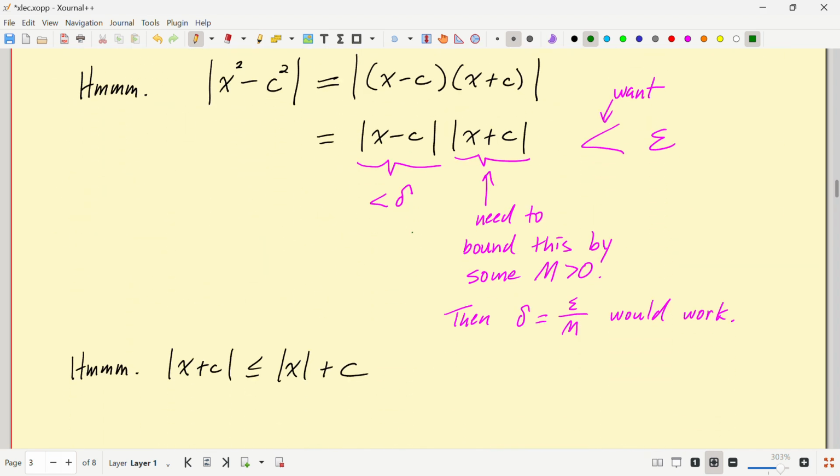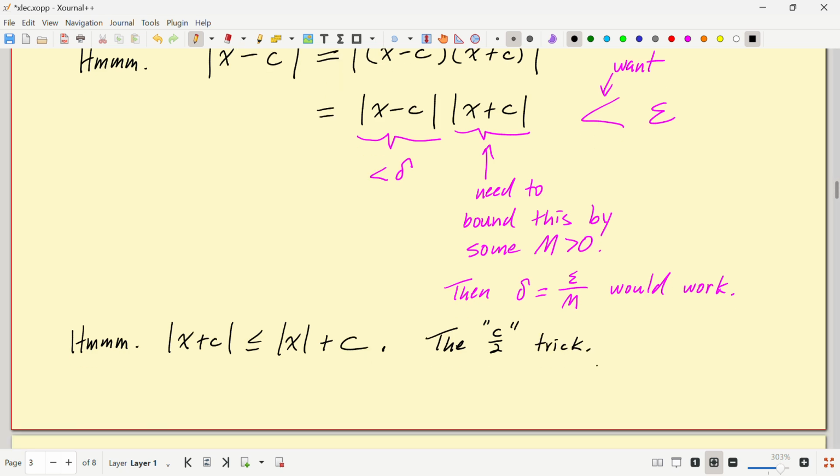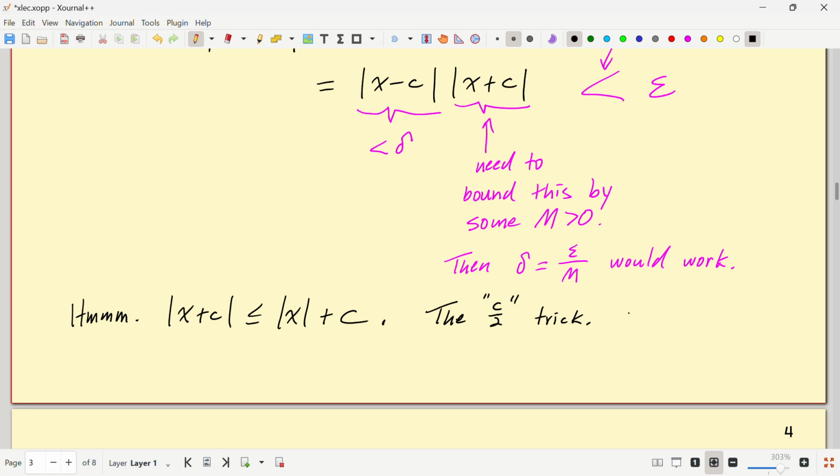So I can start out by taking delta to be less than c over 2. Then my x would be under complete control.